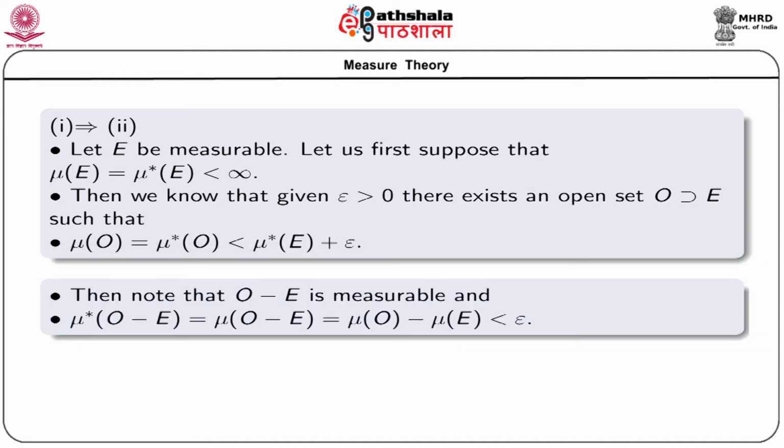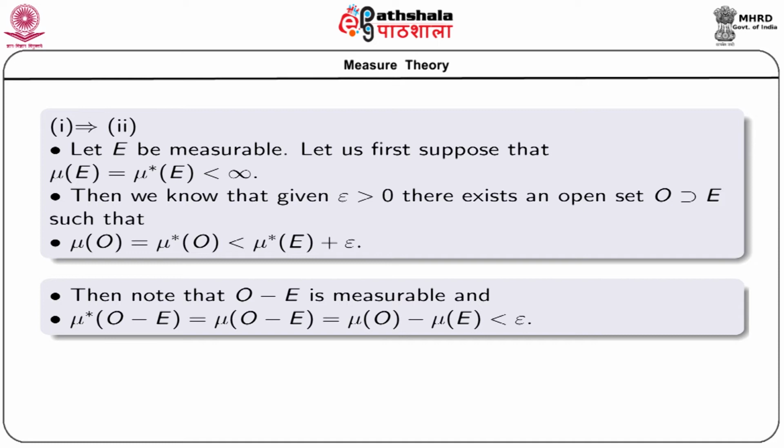Now, note that O is an open set, so it is measurable. By our assumption, E is measurable. Hence, O minus E is also measurable, and we have mu star of O minus E is equal to mu of O minus E, because mu is defined on all measurable sets, and we have already seen in module 1 that the Lebesgue measure is subtractive.